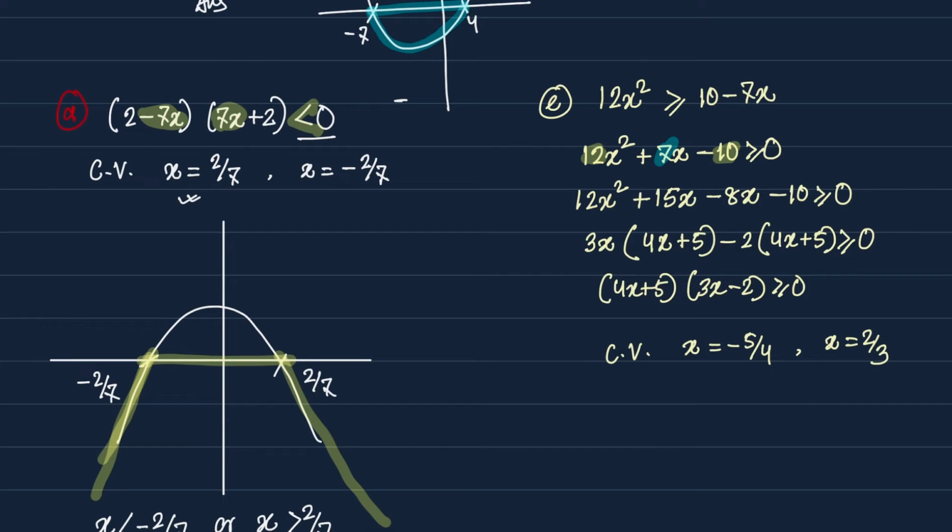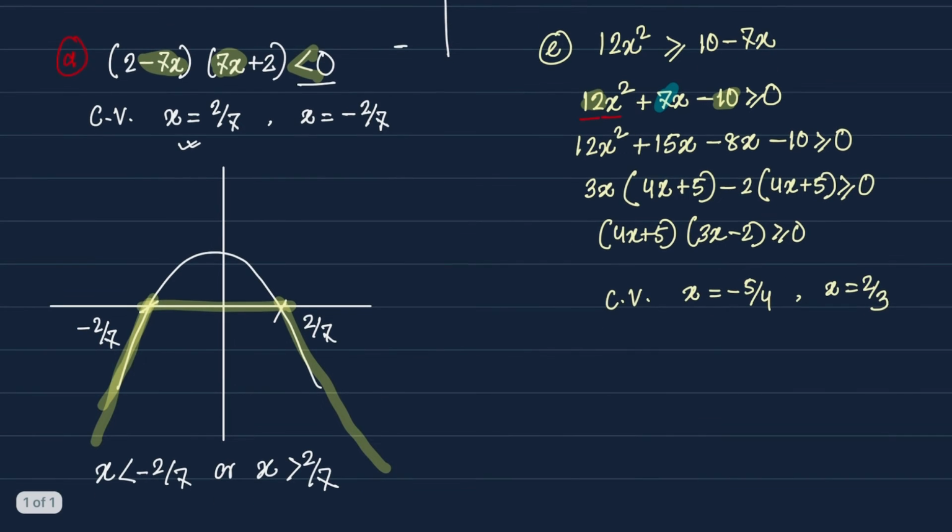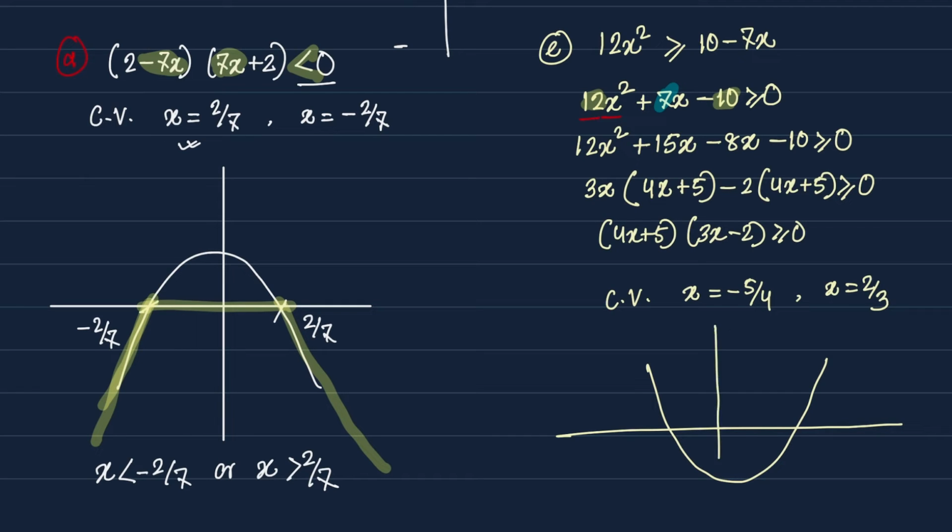What shape of graph is this? It's a U-shaped graph because the coefficient of x squared here is 12, a positive number. It will cut the x-axis at 2 points, -5/4 and 2/3. So what is the answer?